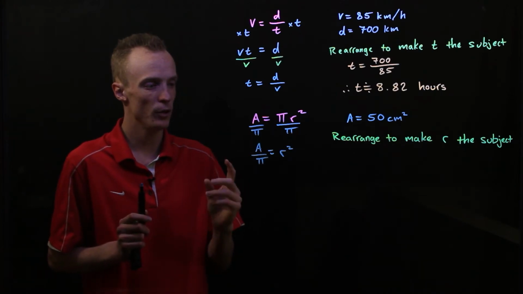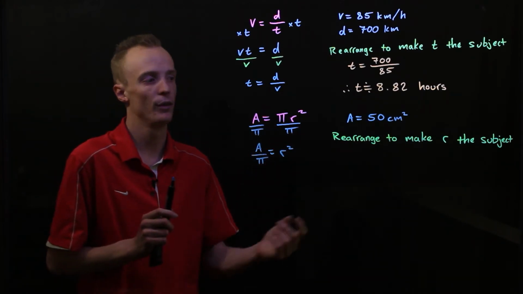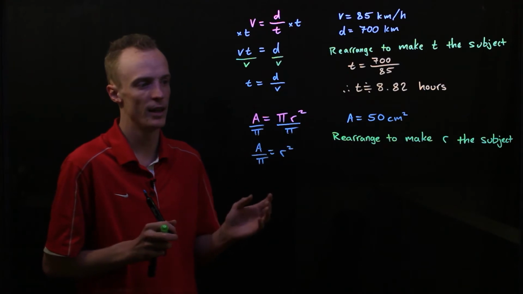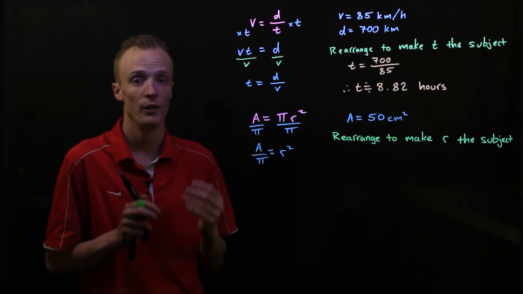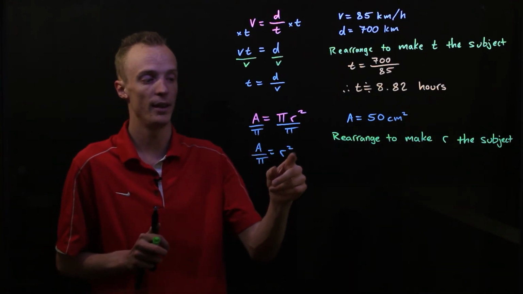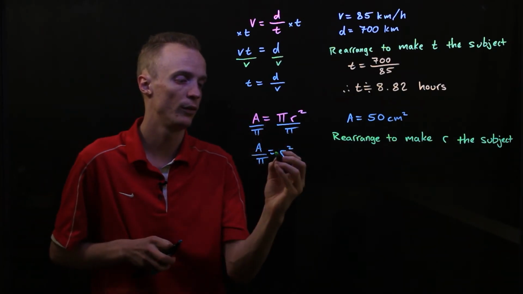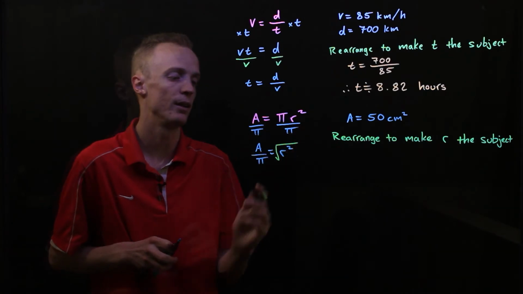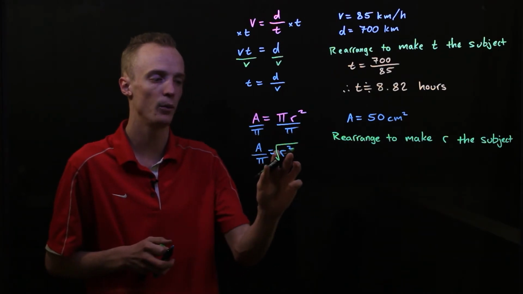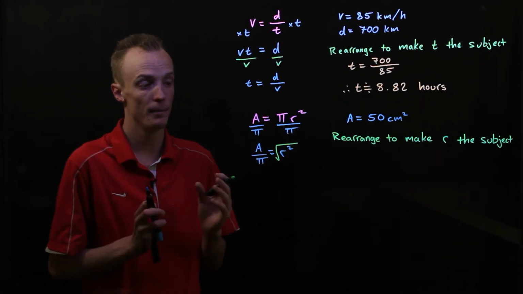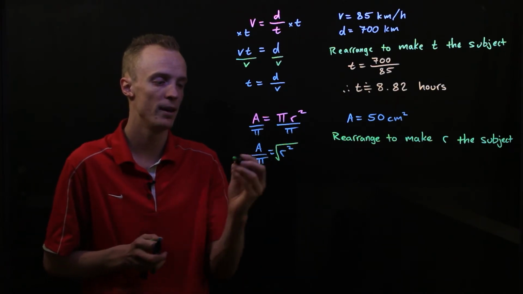Now, I've got the r squared on its own. So r isn't the subject yet because I'm still squaring that r. So what I need to do is cancel this squaring out. And to do that, I'll need to square root this side here, because the square root of r squared will just be r. But whatever I do to one side of the equation, I must do to the other.